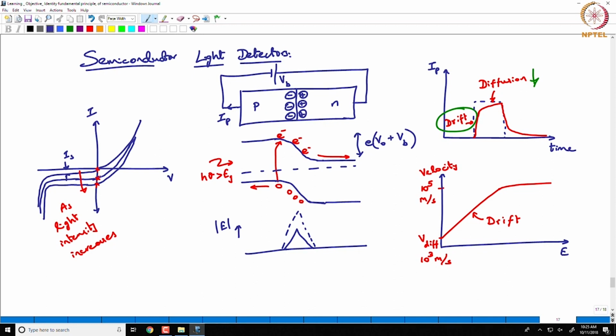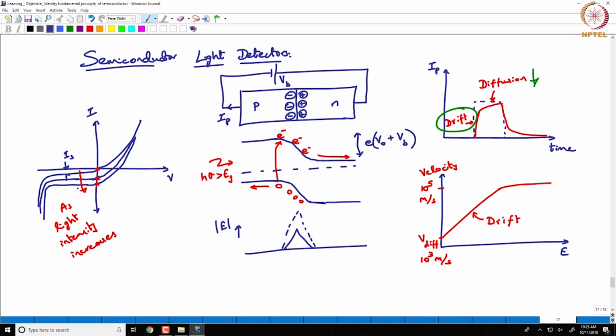So when we look at this graph closely, there is a slight difference between the current that you have at zero bias and the current that you have at some finite value of bias. Basically, that will account for the electrons that you would lose in this process, or holes that you would lose on the other side as well.